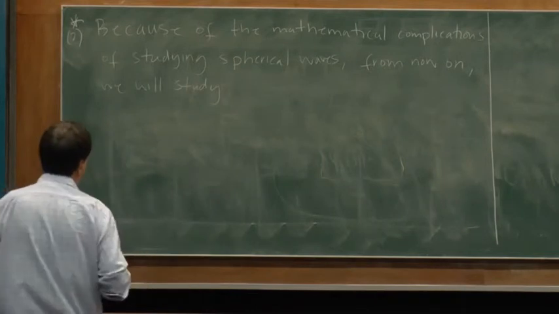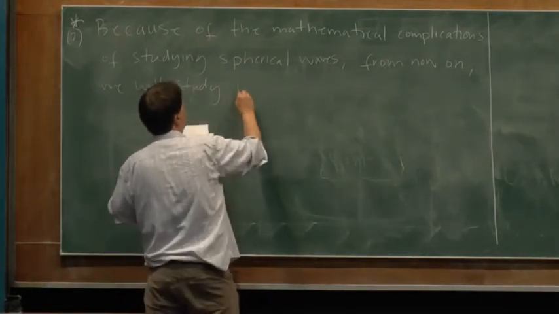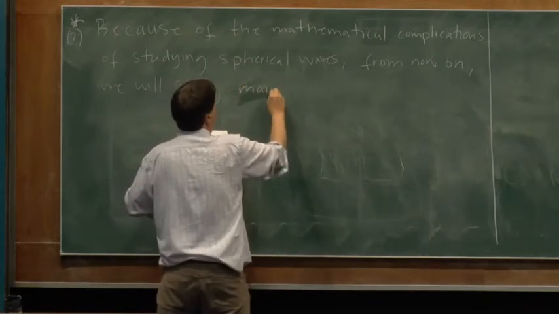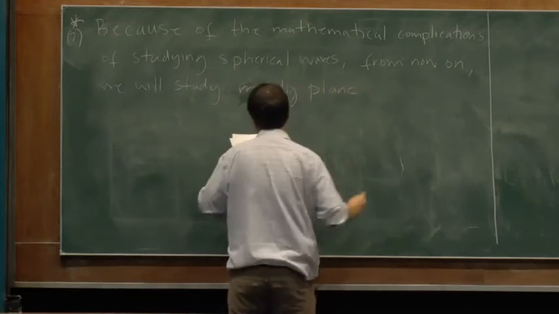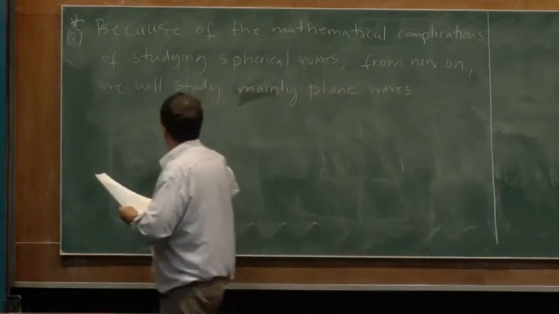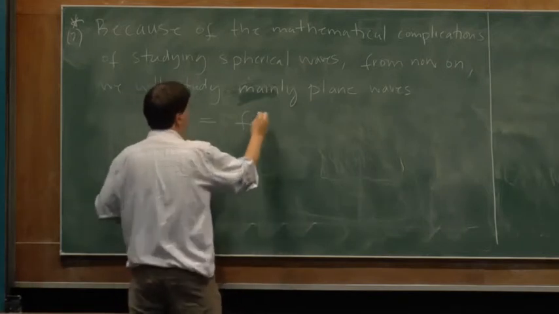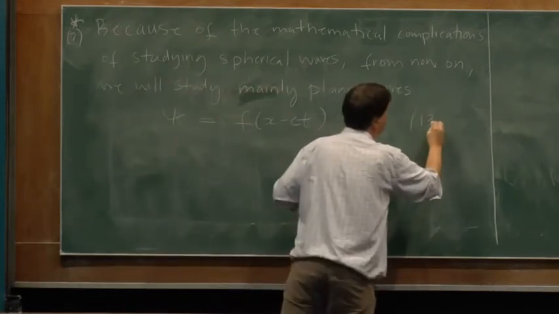But mostly we will study plane waves. As I say, we will have to consider the spherical nature of the wavefront at a couple of points in the course, but mostly we're just going to say, psi is some function of x minus ct. So we'll make this equation 13.3.